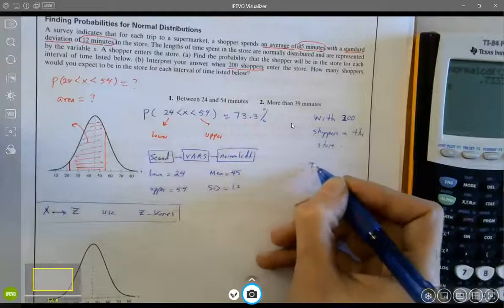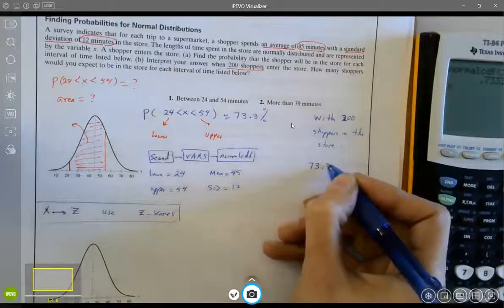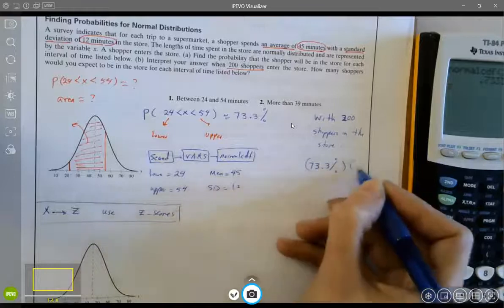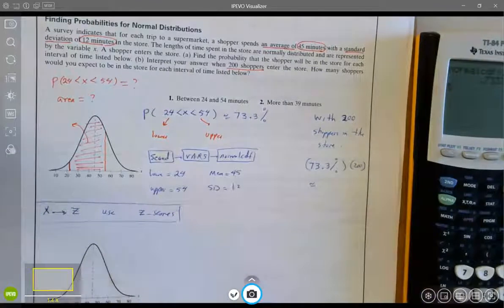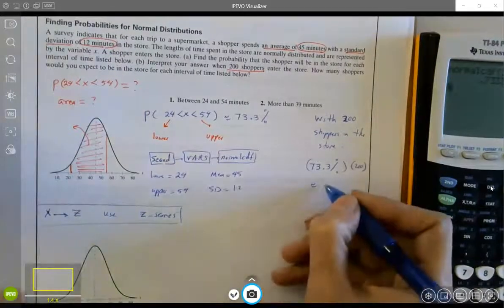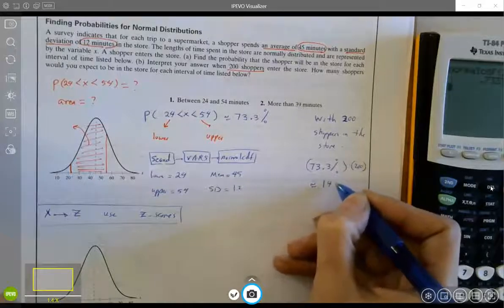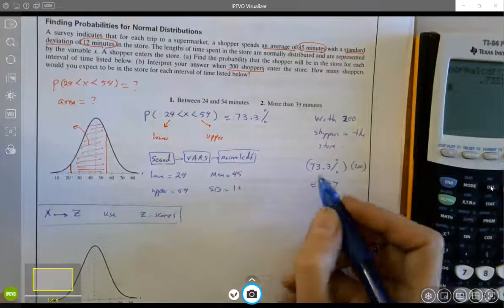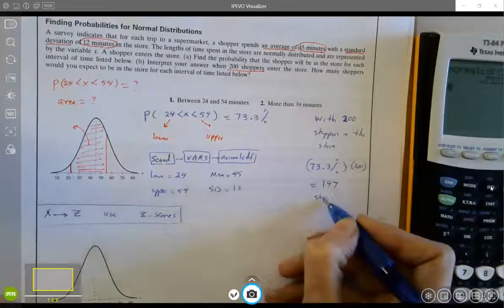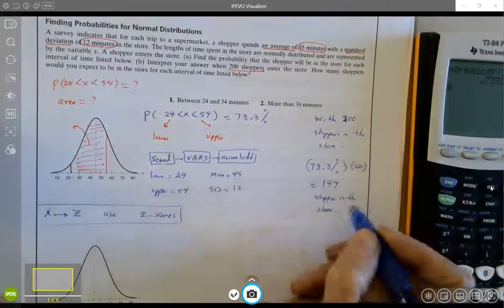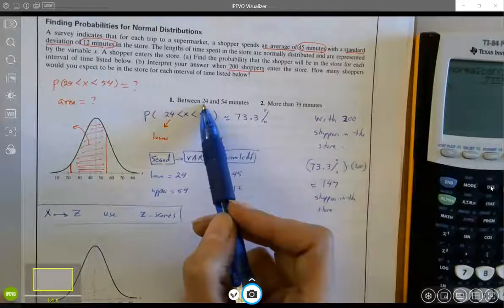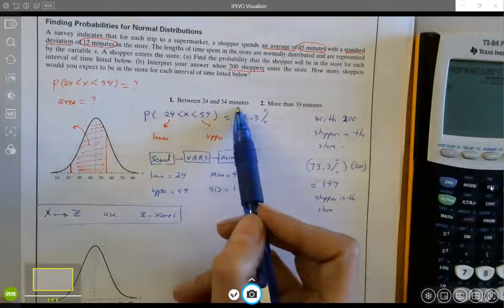The probability is 73.3% times 200, which is approximately 147 shoppers in the store who spend between 24 to 54 minutes in the store.